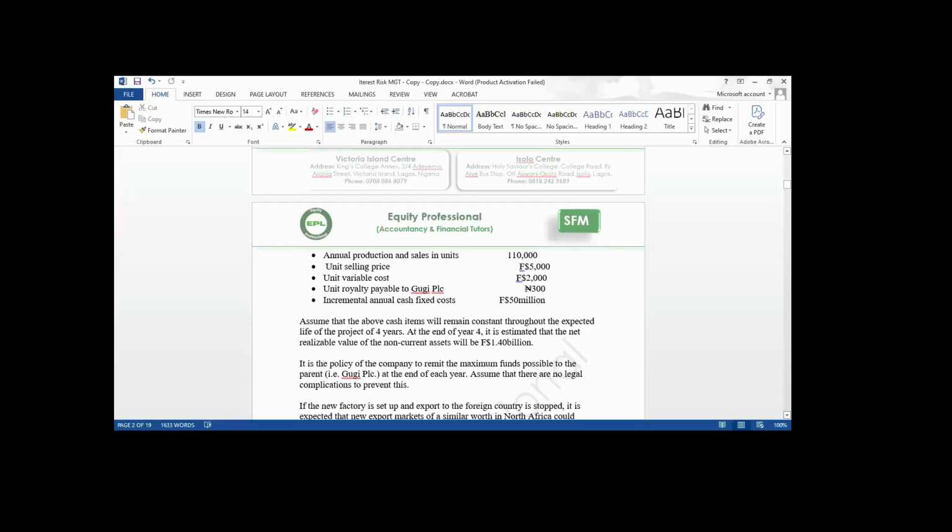That project is a subsidiary in the foreign country. So what is royalty pay? Royalty payables to one party is royalty receivables.